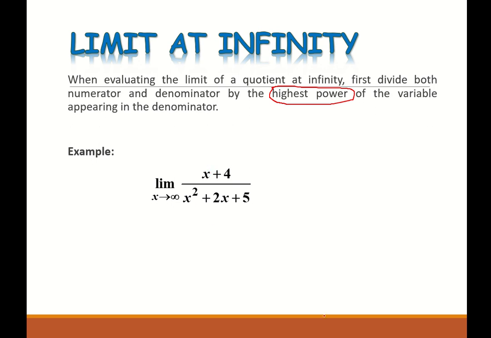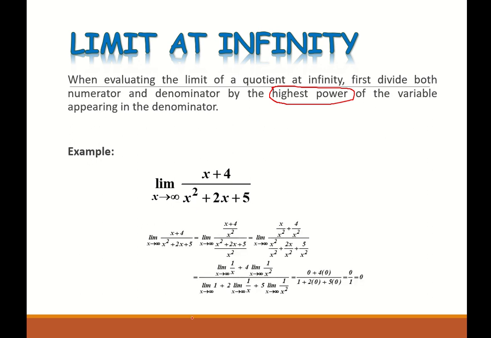So what we shall do next is to first divide both numerator and denominator by the highest power of the variable appearing in the denominator. It means that we need to divide each term individually, class. So here we have x squared as the highest power term in the denominator. So you divide x plus 4 by x squared.